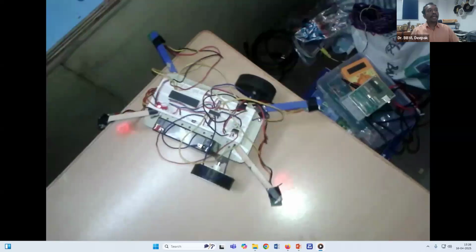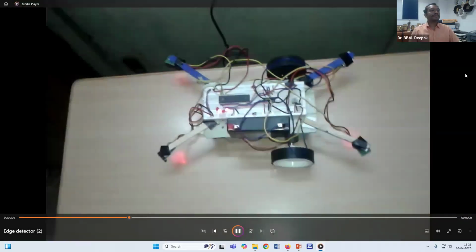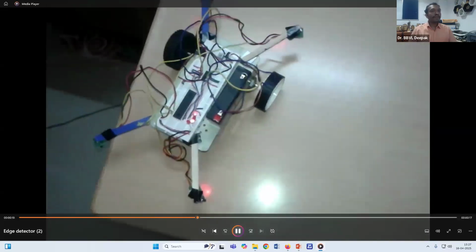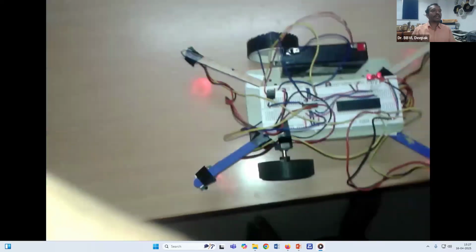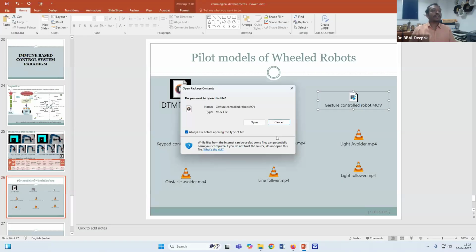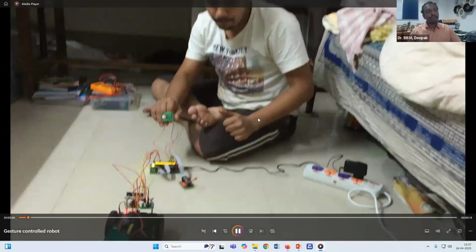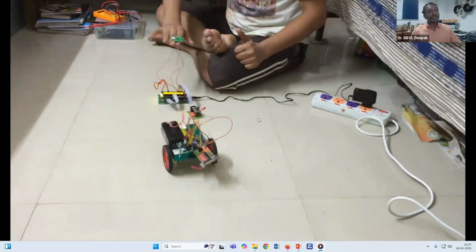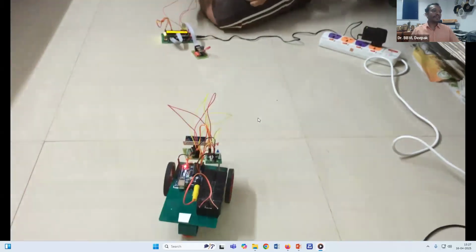These sensors can be incorporated to detect the edge and take the action accordingly. And with the aid of gesture control, we can do this too. Of course, these are small pilot project-based models. With higher implementation, we can use this technology in scale models.